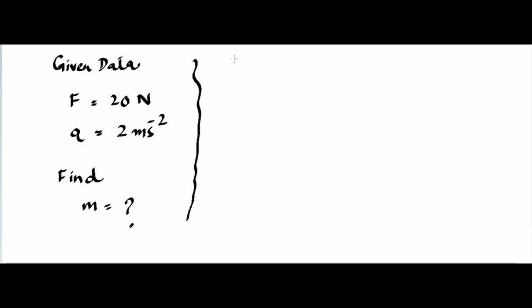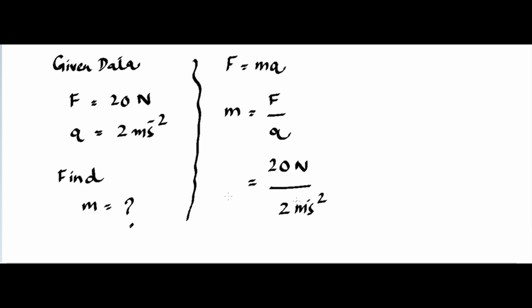Here we have used Newton's second law of motion. F is equals to ma. To calculate the mass, m is equals to force divided by acceleration. Now putting the values, 20 Newton divided by 2 meter per second square.